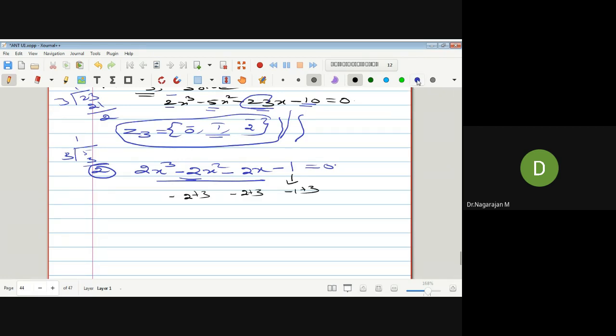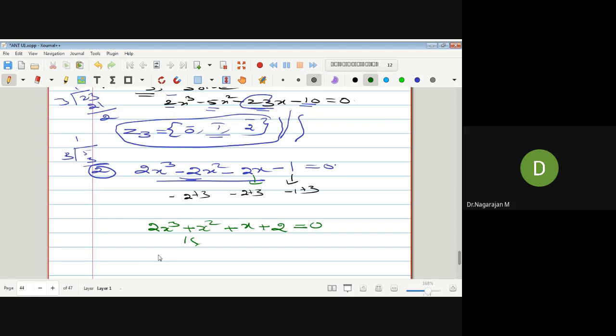Then the equation can be written as 2x cube, minus 2 plus 3 means plus 1, therefore plus x squared, minus 2 plus 3 means plus x, minus 1 plus 3 means plus 2. This is the given equation in approximate form in Z3.